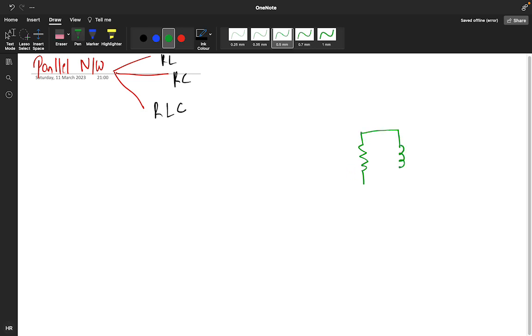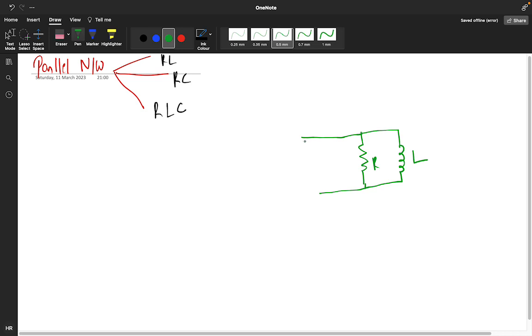So see, this is your R, this particular is your L, and this is your V of t. Okay, a particular current I is moving in this.